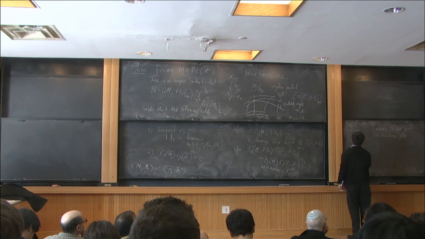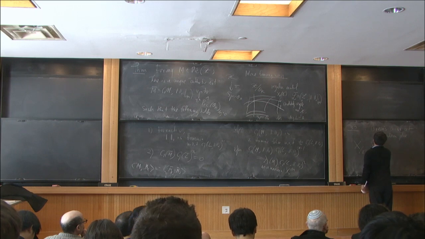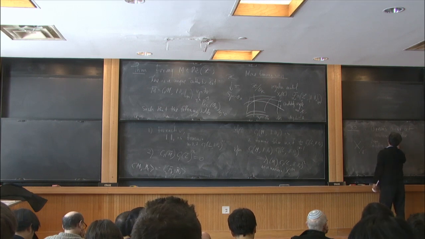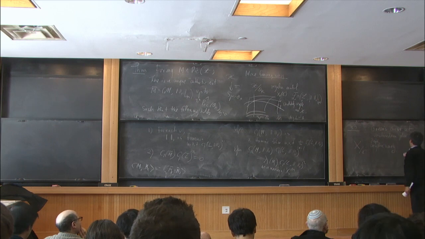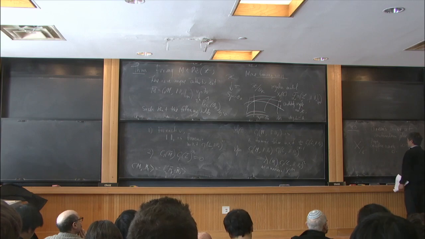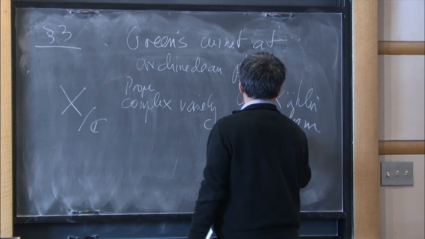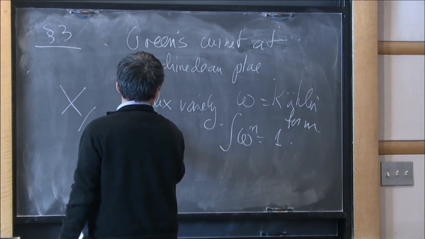I have X over C, a complex proper complex variety. And my omega is a Kähler form. For simplicity, I always assume omega^n equals 1, n the dimension of X.